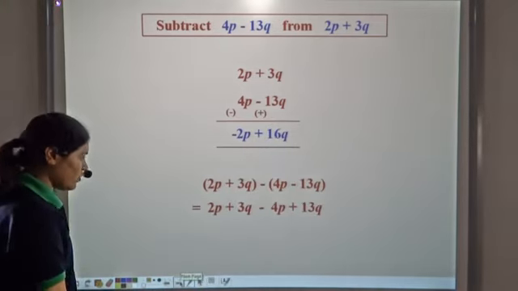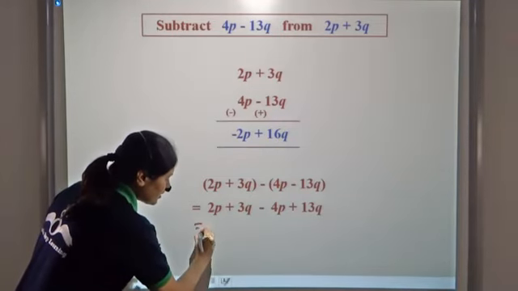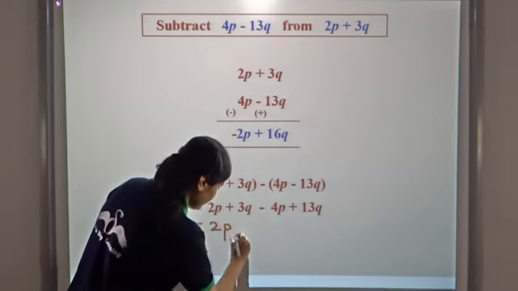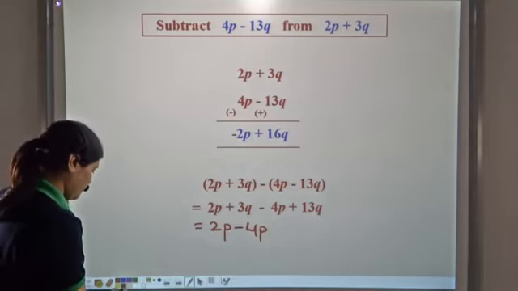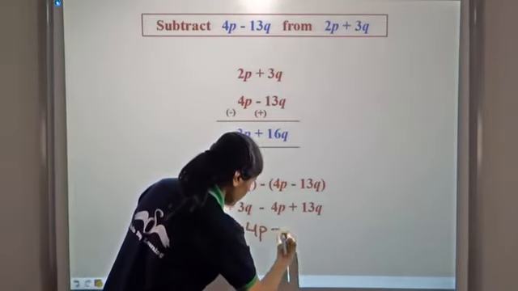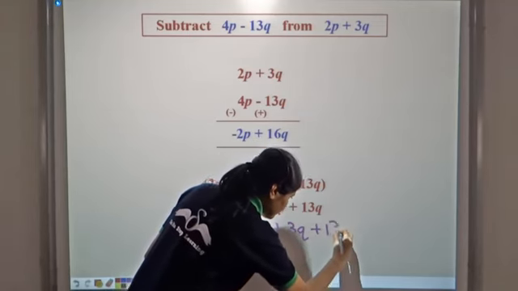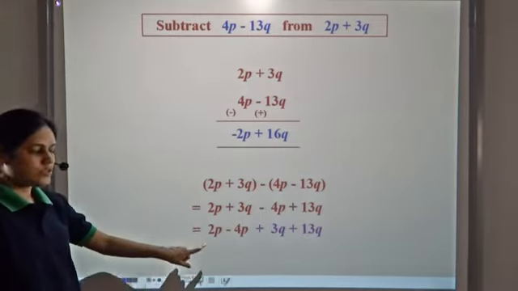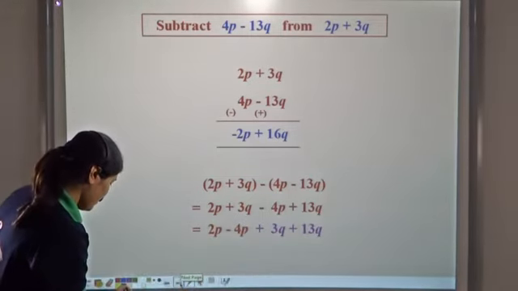Again, we now list down the like terms together. What are the like terms here? 2p and minus 4p. 3q plus 13q. So these are the like terms. And let's simplify them.